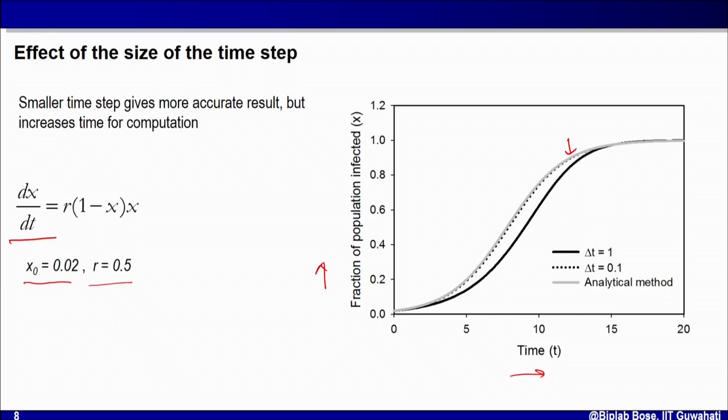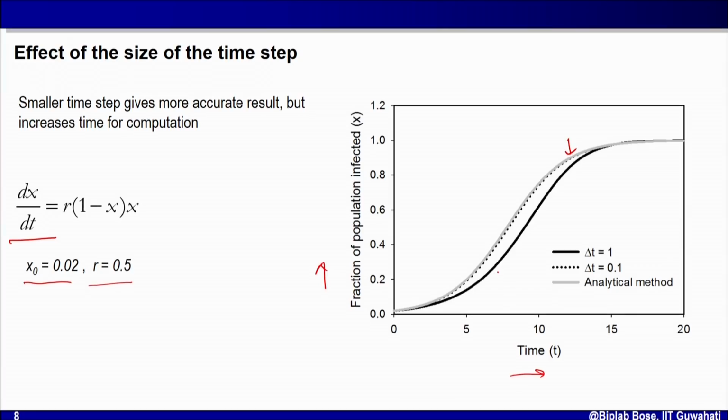We have done it earlier. I have done the numerical simulation using Euler's method, using delta t as 1 and delta t as 0.1. So one delta t is bigger than the other one. The black line shows the result from Euler's method when delta t is 1, whereas the dotted line shows the result from Euler's method when delta t is 0.1.